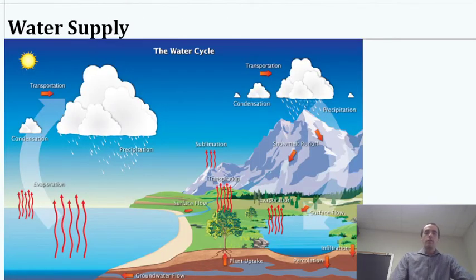Okay, so if we think about it, we could get our water from a lot of different sources. And depending on where we're getting it from, it's really going to dictate what kind of treatment we need. If you had the luxury of access to freshly melted glacier water, it's never been anywhere near an animal in its present form.